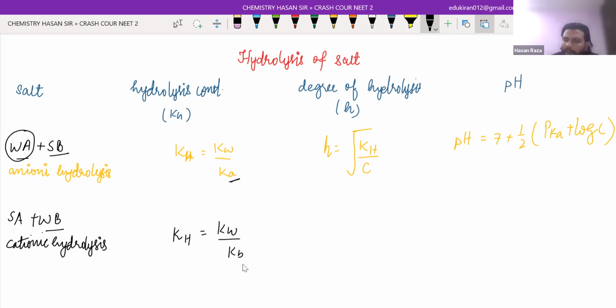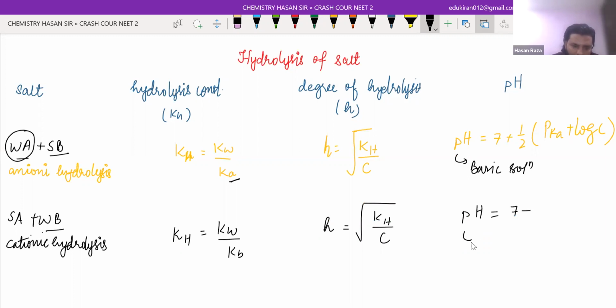Base is weak, so Kb, the base dissociation constant, and accordingly h will be equal to under root of Kh upon C. Again, C is the concentration of the salt, and pH here will be equal to 7 minus, since this is your basic solution and this is your acidic solution.